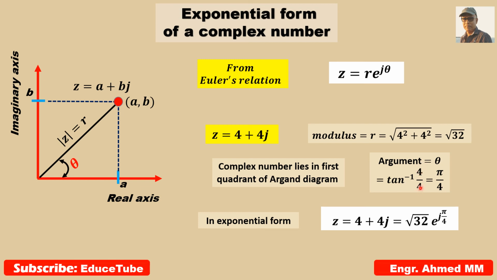So it is tan inverse 1, which is pi by 4 in radians. In degrees, it is 45 degrees.